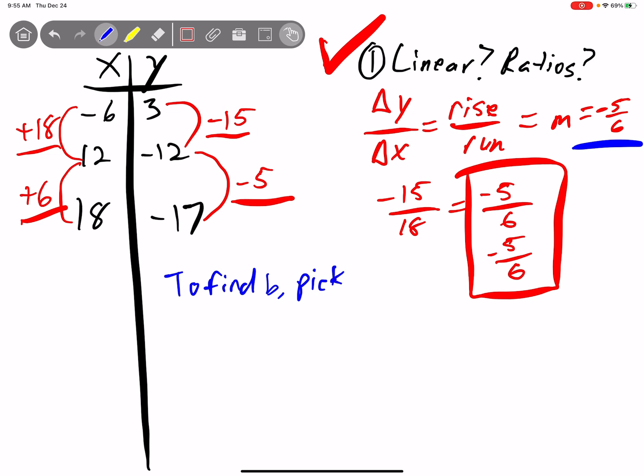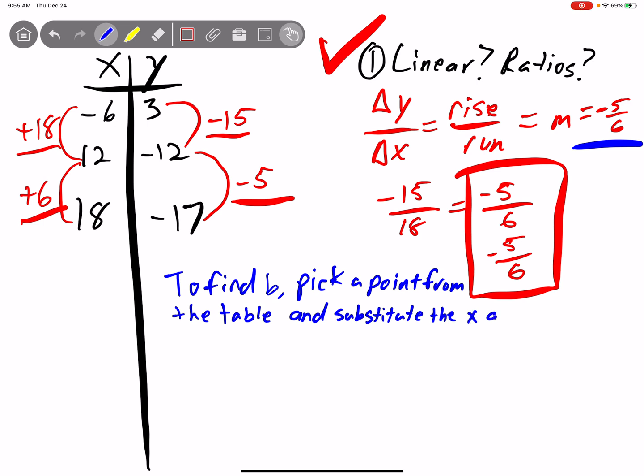Pick a point from the table and substitute the x and y into y equals mx plus b.